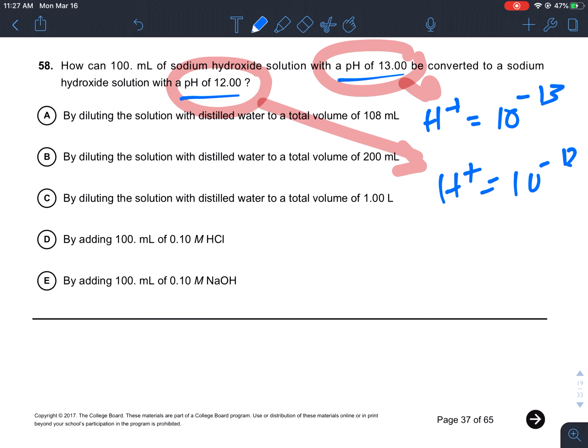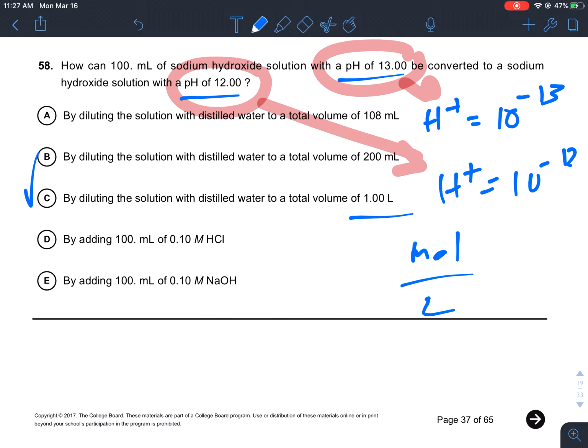We're talking about concentration. So concentration is moles over liters. Do you know how you can get this number to become lower? You increase the liters of water. So the correct answer is C, by diluting the solution with distilled water to a volume of 1 liter.